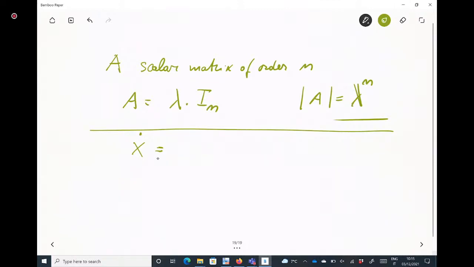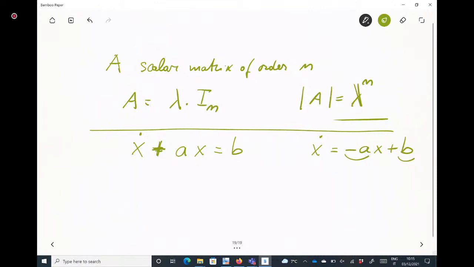So you remember our original form was x dot plus ax equal to b. So basically it is x dot equal to minus ax plus b.